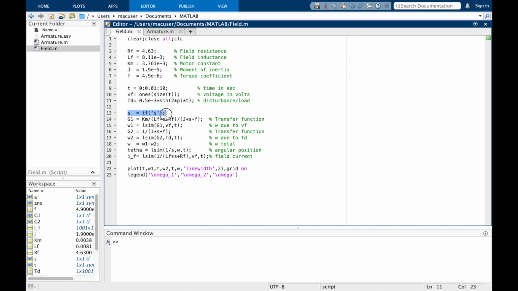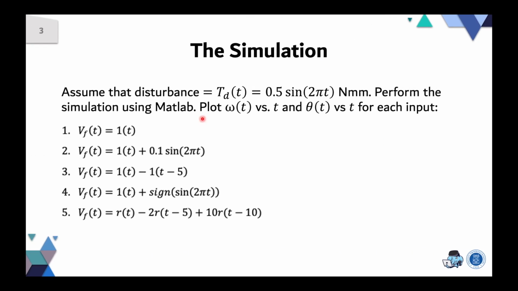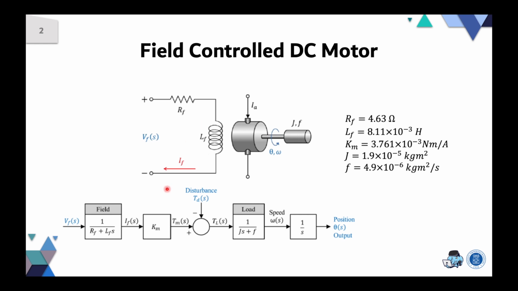What I'm doing here is declaring the Laplace variable S. And G1 is the transfer function of the motor correlating the omega and the voltage. As you can see here, omega is correlated with VF by these three transfer functions.